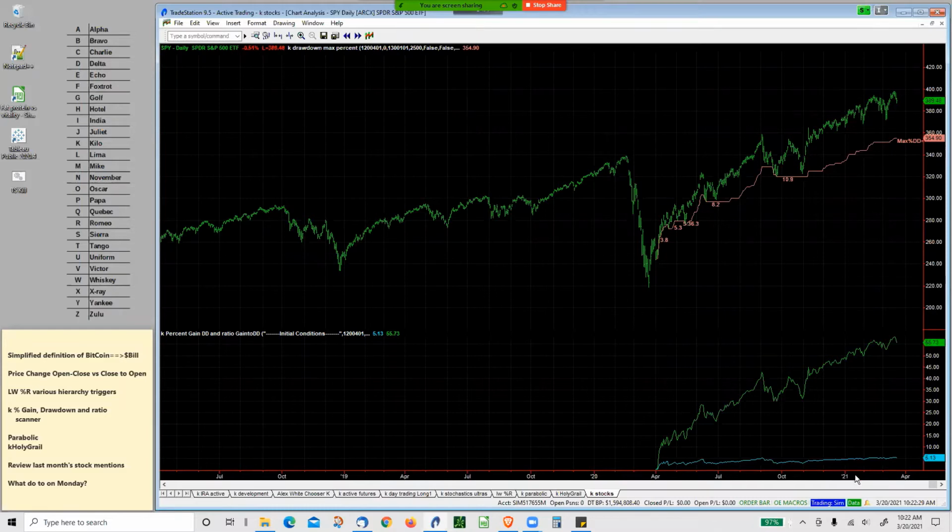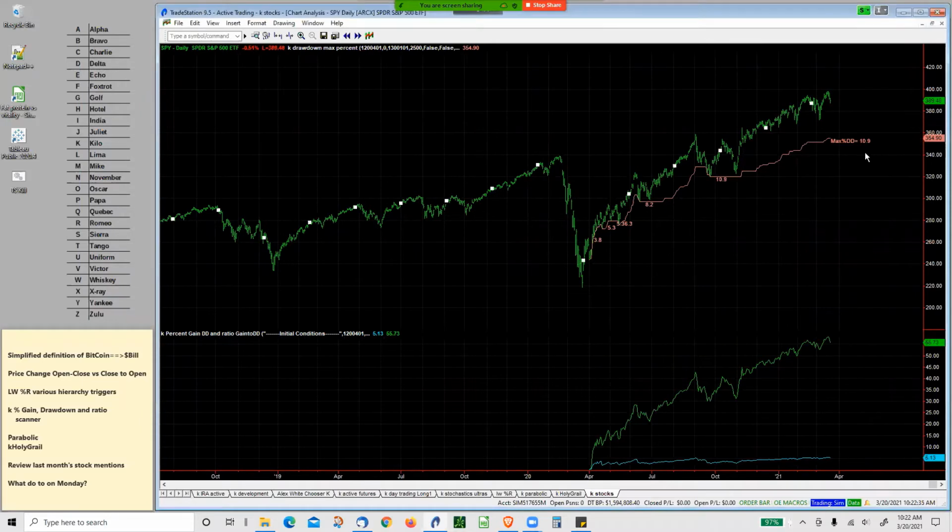But there is a drawdown associated with it, about 10.9%. If you take the gain divided by the drawdown, you end up with this other figure of merit, which turns out to be about 5.13. Anything like 4 or above is pretty good.